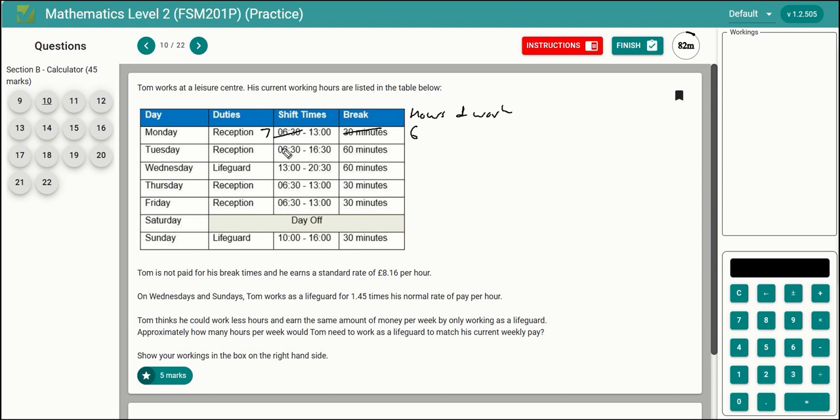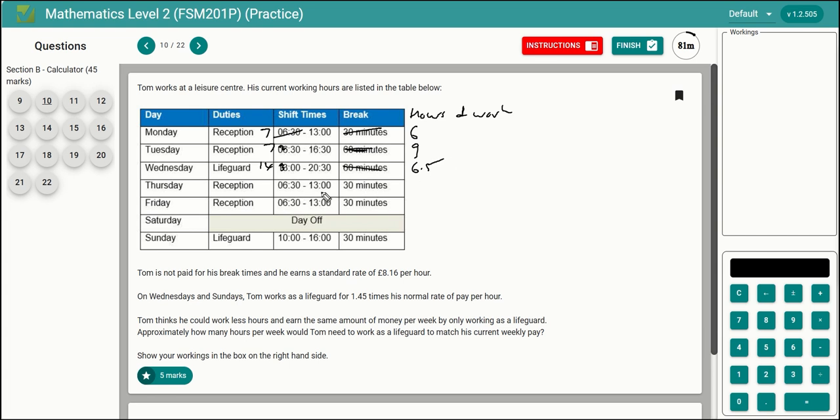Okay, so 60 minutes, that would be the same as starting at 7:30 and not having a break. So 16:30 minus 7:30 is the same as just 16 minus 7, so that is 9 hours of work. Again, let's assume he takes his break immediately, so we'll turn the 13 into 14. 14 to 20 is 6, so that is 6.5 hours of work.